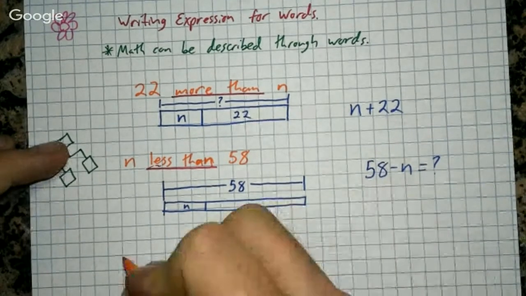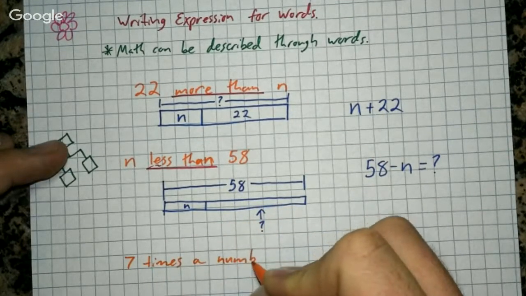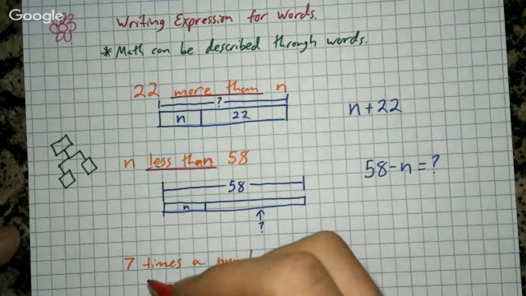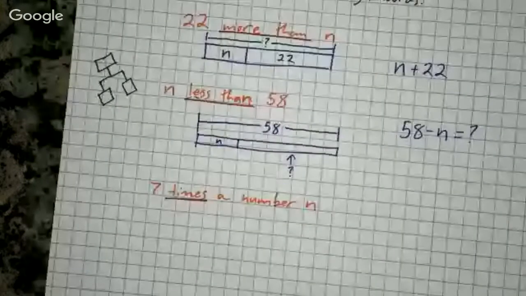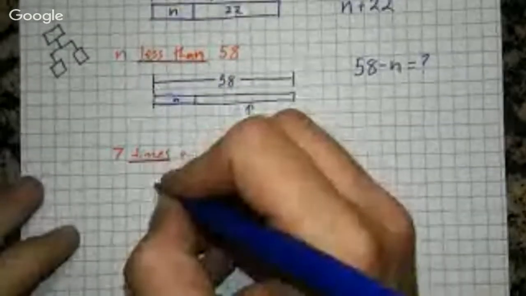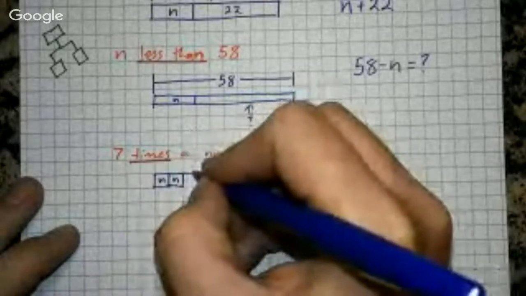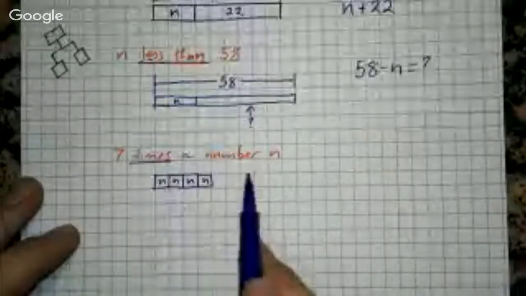You could say 7 times a number n. 7 times a number n. This time, that word we're looking at is times, which is multiplication. So that means we're going to have n 7 times. So our little image for this can be n, n, n, n, because it's 7 times a number n.